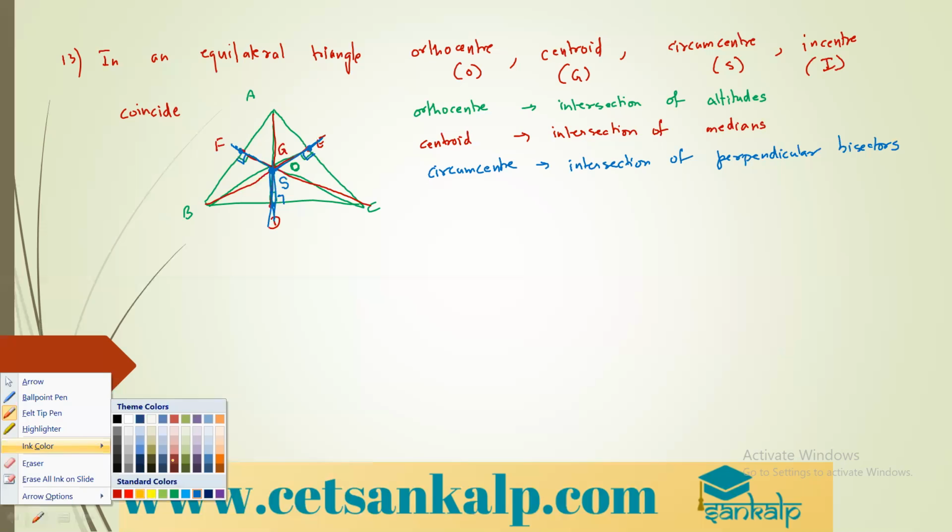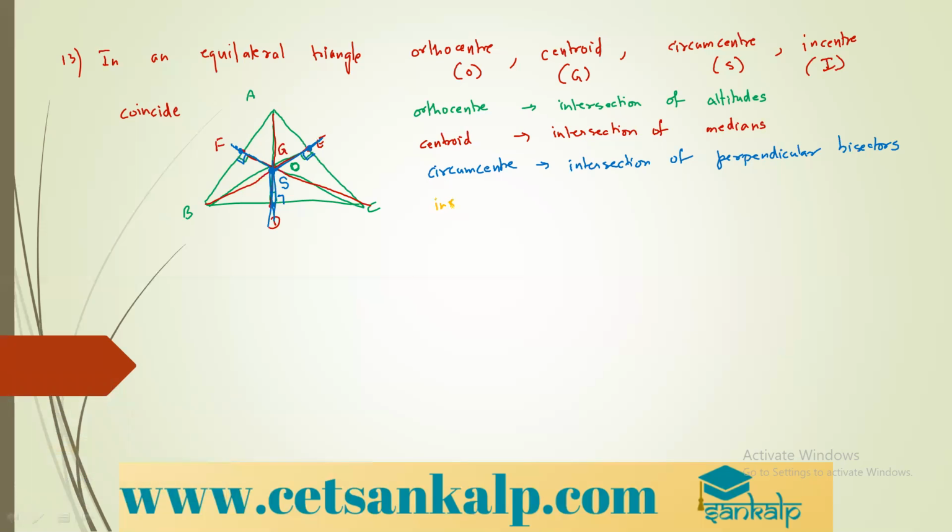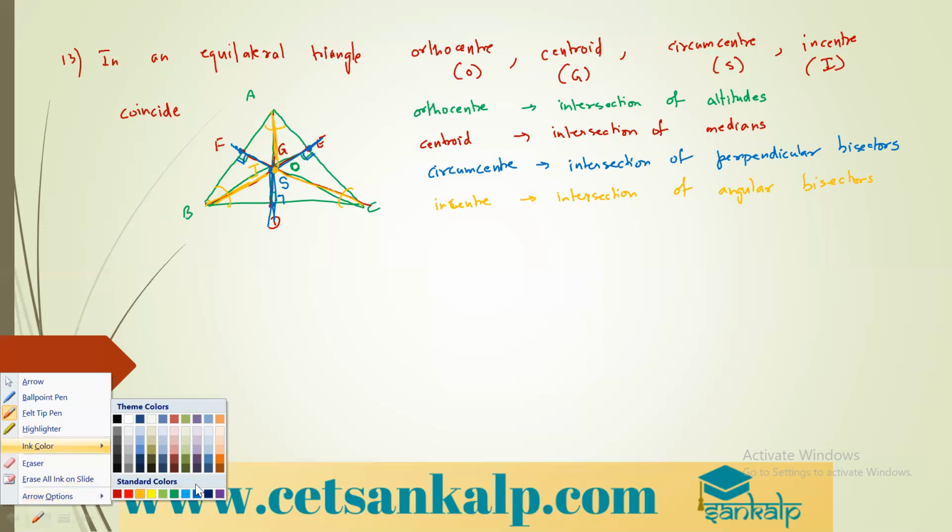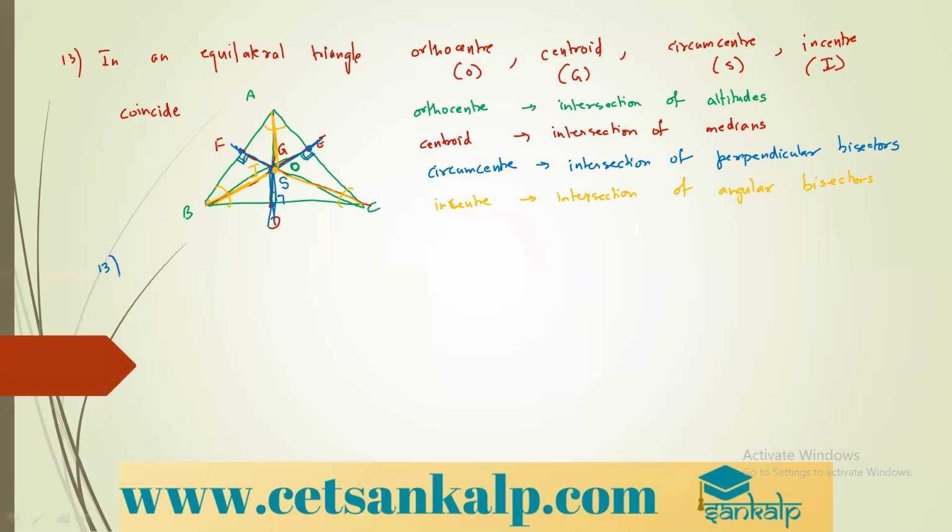What is incenter? Incenter is the intersection of angular bisectors. So we will bisect the angles. This angle I am bisecting, angle B I am bisecting, angle C I am bisecting. The point where they meet is the incenter. So all are the same in an equilateral triangle. That is the main point to be understood here.